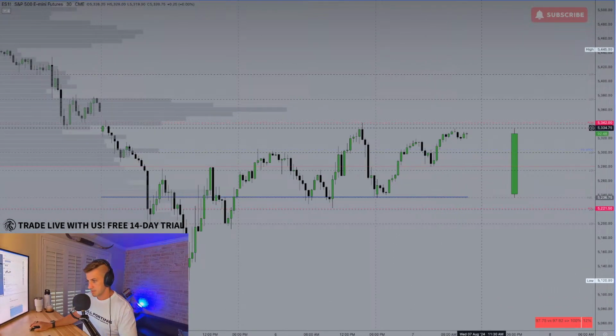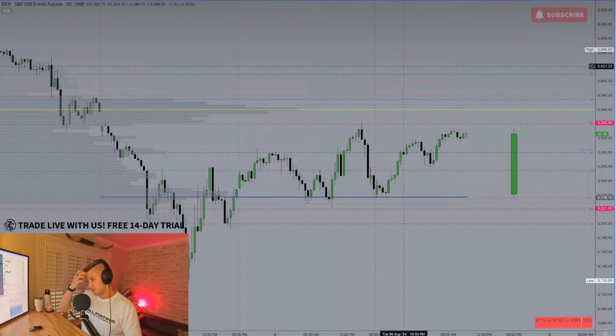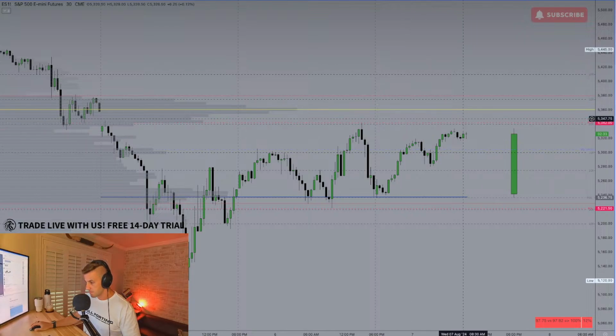Remember, this area previously has been resistance. Prior support turns into resistance. We have no economic data to worry about today, so clean slate as far as the economic calendar is concerned. And what I want to see is how price is going to be trading versus prior day high.